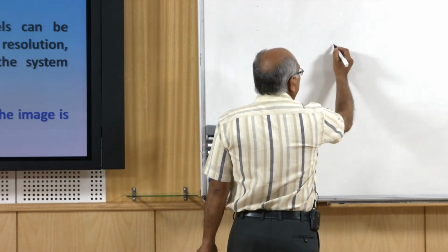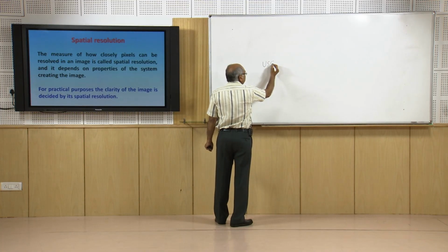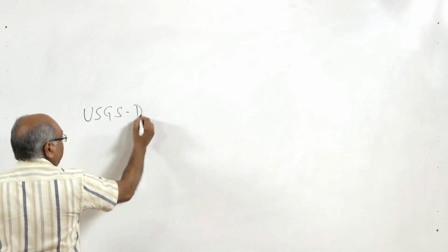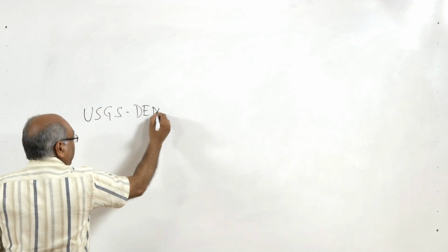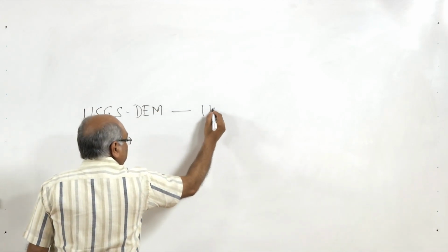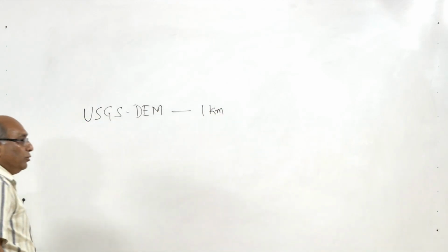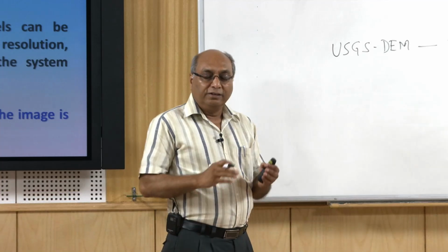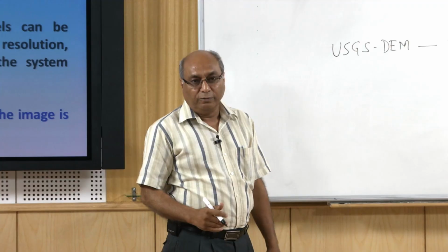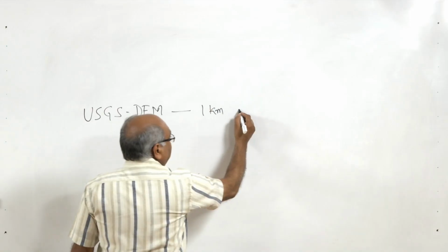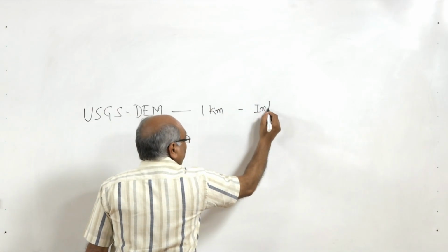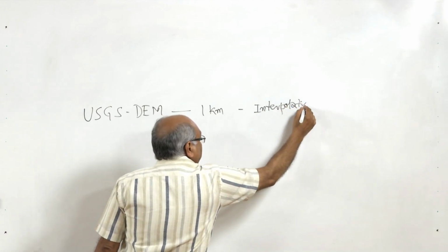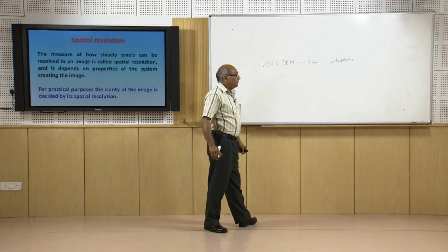The earliest and most popular one was the United States Geological Survey DEM, and initially it was available at 1 kilometer resolution. This DEM was created using topo sheets and contour lines. Those contour lines were interpolated and the surface was created. So the method here is interpolation, and the source data was topo sheets.